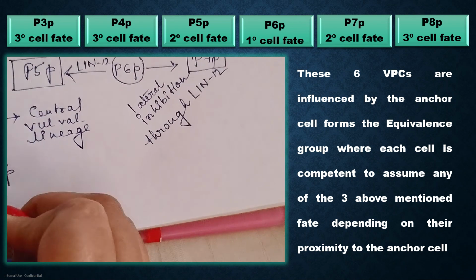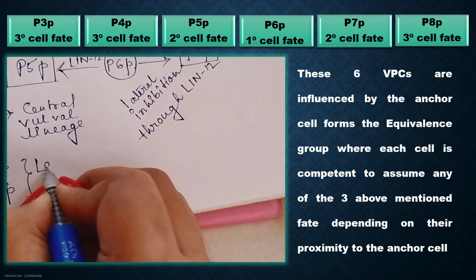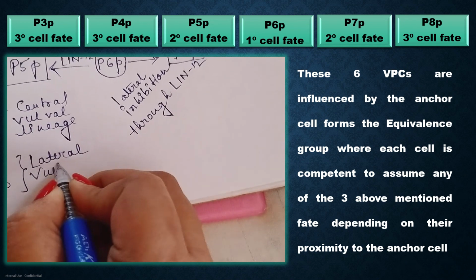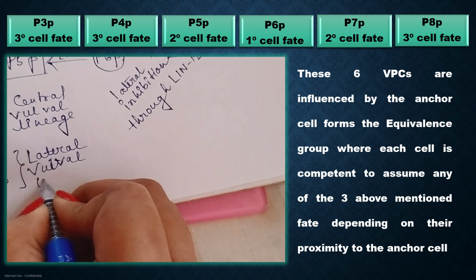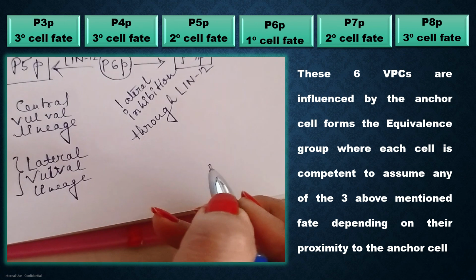If Lin3 expression is blocked, the cells will form hypodermis. If by chance the Let23 receptors are deleted, the same result will be seen. Lin3 is there, but who will receive it? The receptor is not there. As a result, all the cells will become hypodermis and no vulval cells are developed.